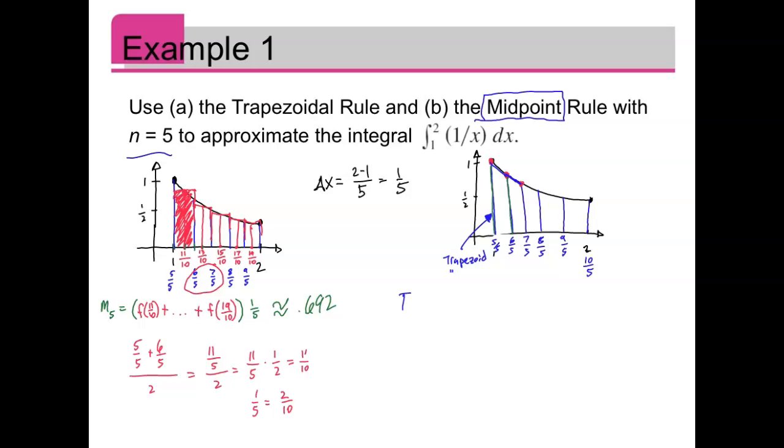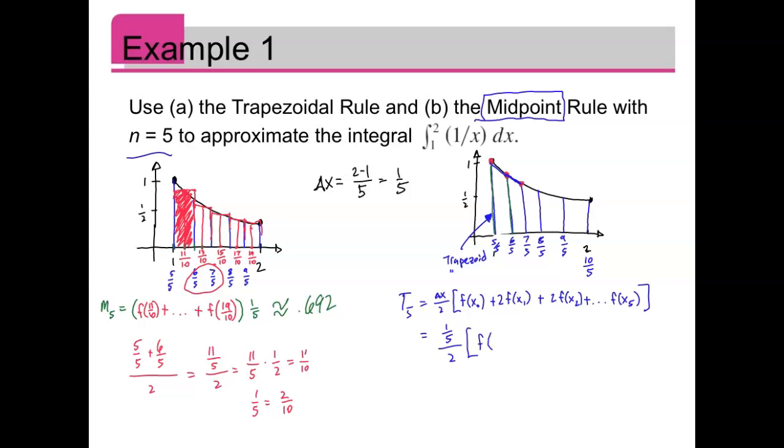And so for T5, what I want to do is do h over 2, or delta x over 2. Then we'll multiply that by f of x0 plus 2 f of x1 plus 2 f of x2, and so on until you get to the last endpoint. You only use that once, so f of x5, right? All right, so for us, delta x is 1/5 divided by 2.